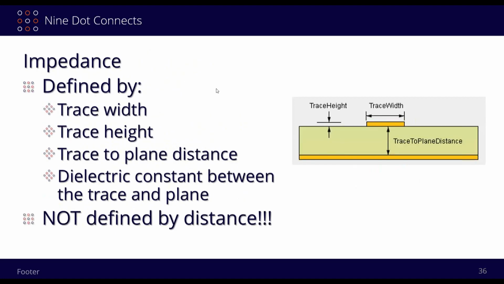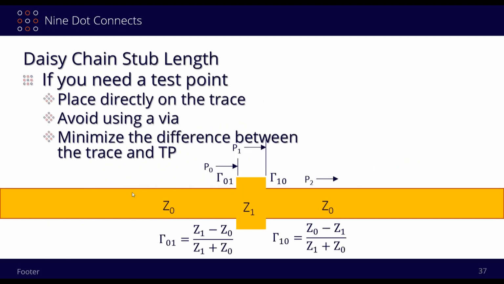Again, I want to go back to the fact that impedance is defined by the width of the trace, the height of the trace, and the dielectric constant, in addition to the distance between the trace and the plane itself, not defined by distance along the trace. Daisy chain stub length: if you really need to have a test point, the easiest way to handle this is to put the test point right onto the signal itself.